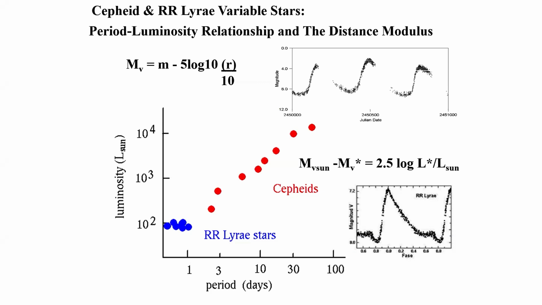And they produce a very unique light curve because you can also use the magnitude of the sun minus the intrinsic magnitude of the star, which again has a relationship with luminosity. So the period-luminosity relationship shows the relationship between the period and the luminosity.